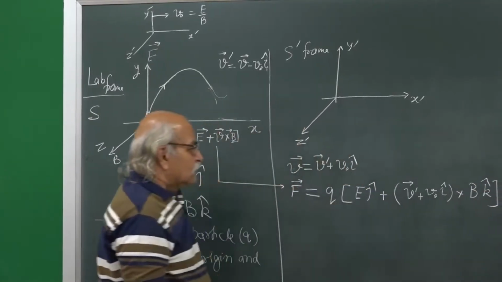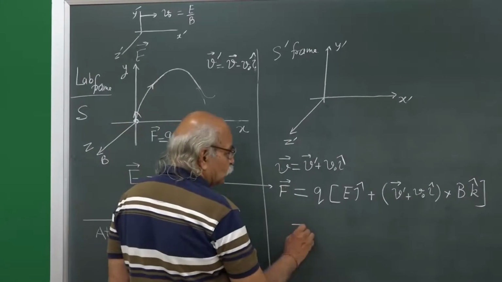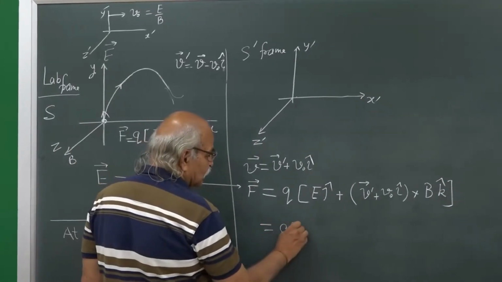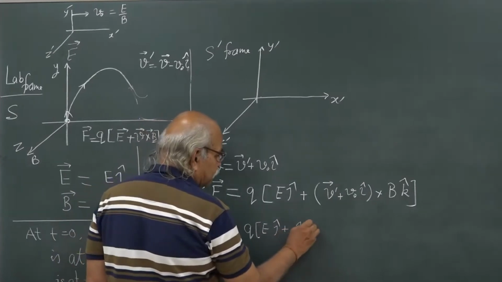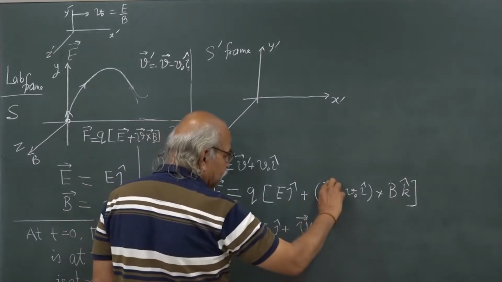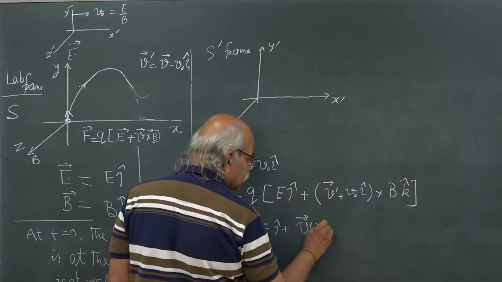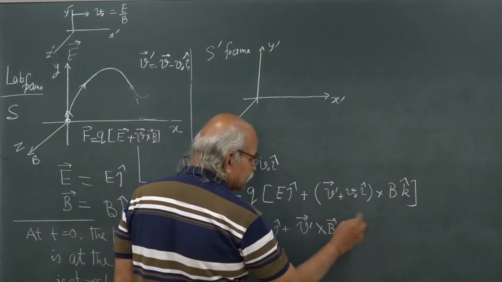This is equal to Q times E j cap plus V prime cross B.